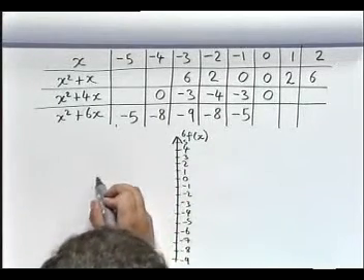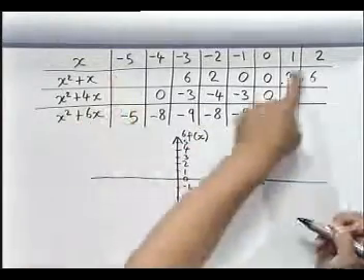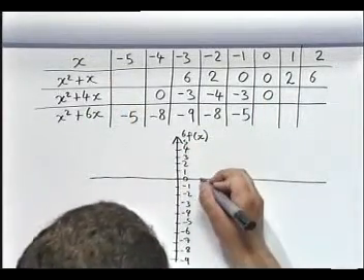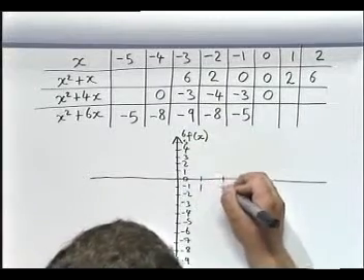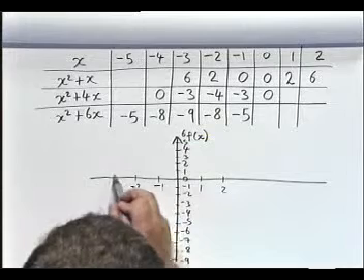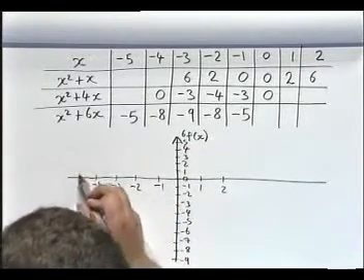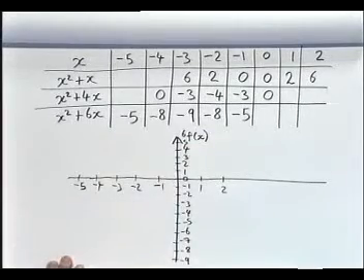And along our horizontal axis, we've gone from minus 5 to 2. So we'll just use 1, 2, minus 1, minus 2, minus 3, minus 4, and minus 5.